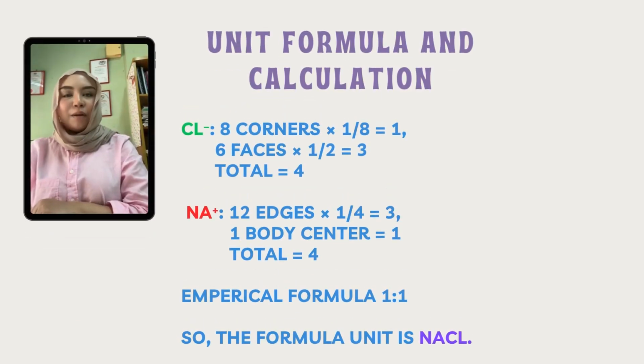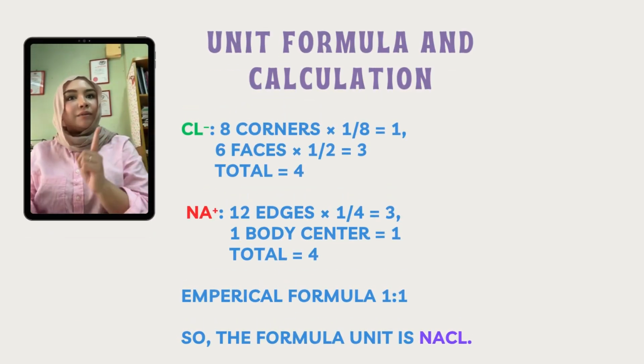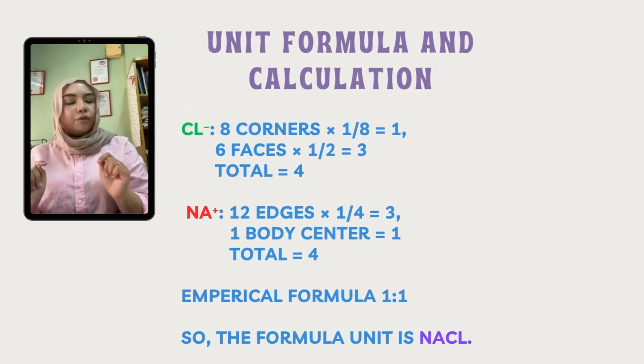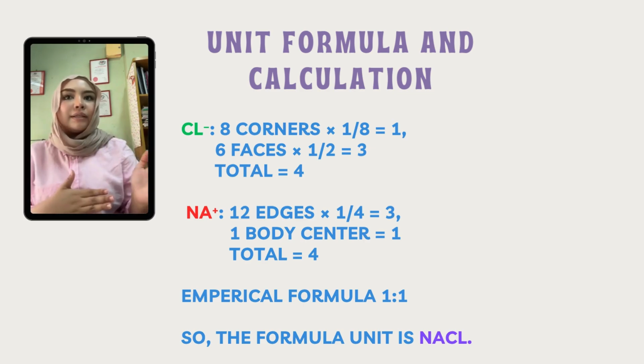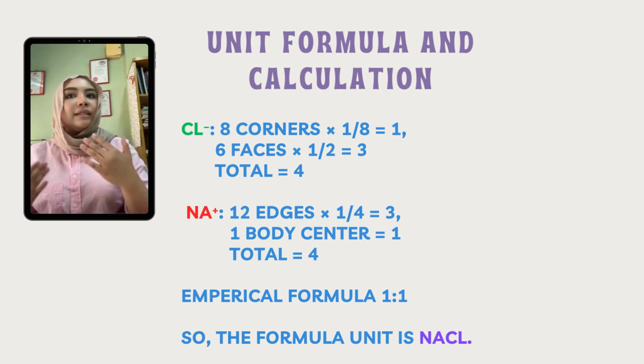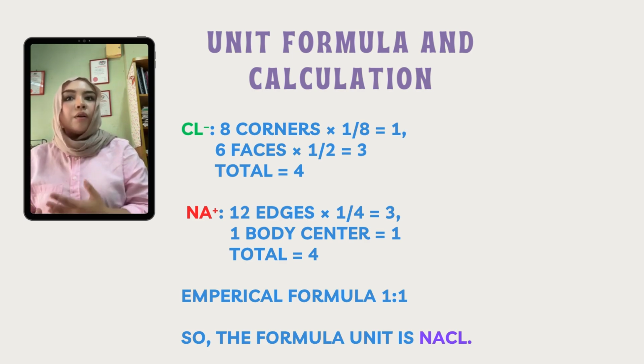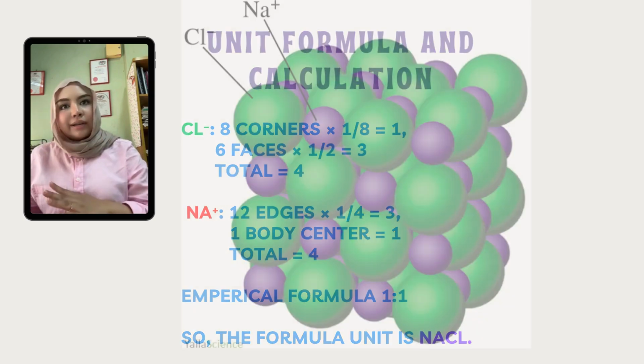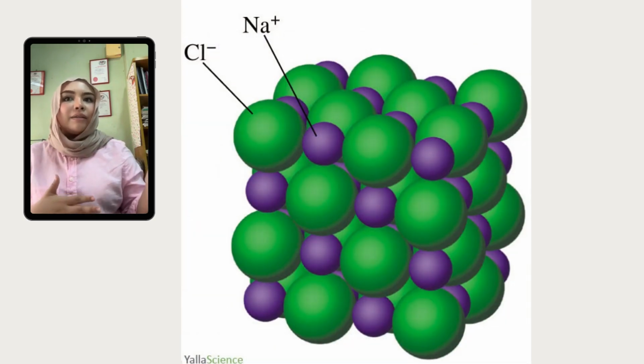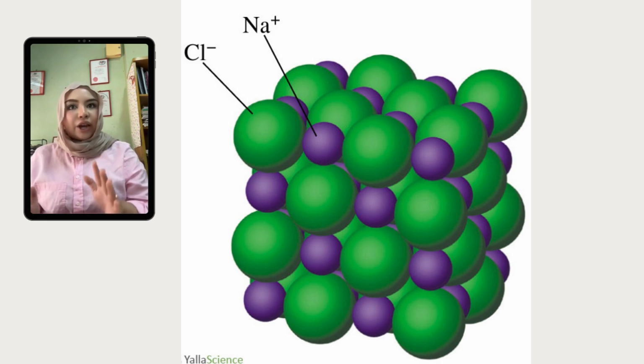Now, let's calculate how many ions are present in a single unit cell. At the corners of the cube, we have 8 Cl- ions. But since each corner is shared by 8 neighboring unit cells, each contributes only 1/8 to the cell. That gives us 1 Cl- from corners. The 6 Cl- ions at the face centers are each shared between 2 cells, contributing 3 more.